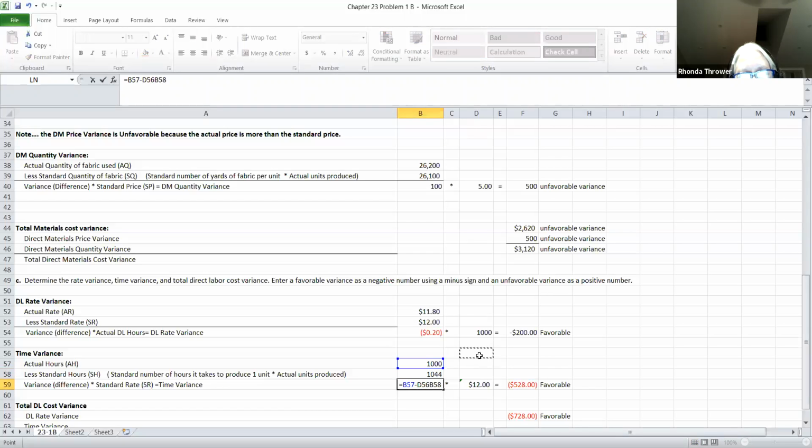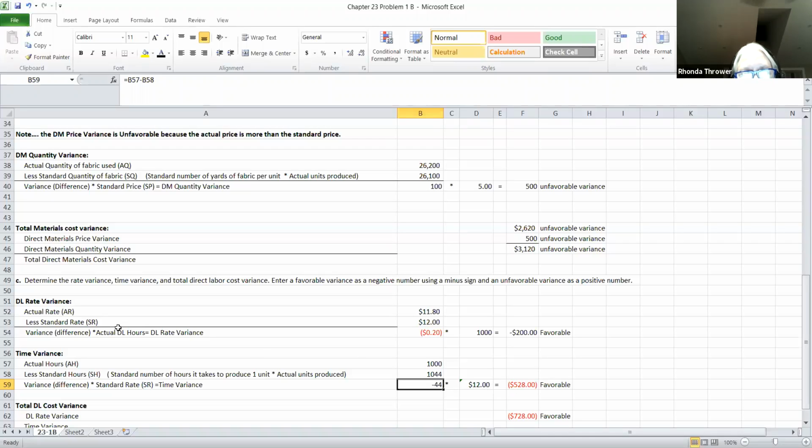So the next part is to find the variance amount. You're going to compare the actual hours to what you had budgeted for. Again, because our actual hours was less than our standard hours, this is a negative amount or a favorable amount. We will multiply this favorable amount times the standard direct labor rate, which was $12.